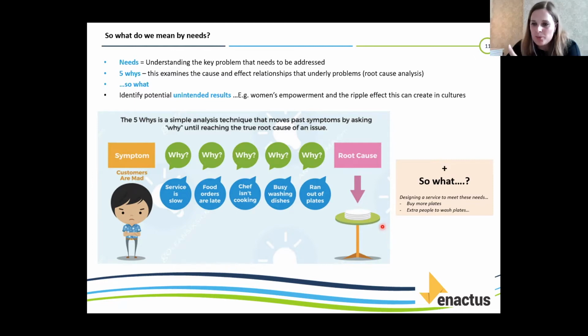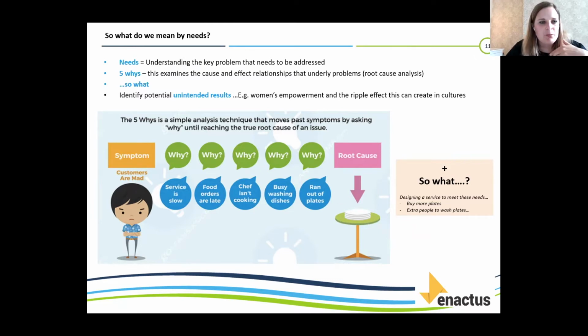Or they could employ more people to wash plates. And you can see that at the end, once you've understood that root cause, your solution isn't necessarily what you thought your solution might be when you started out that process. And quite often it might be a simpler solution than what you thought at the beginning.